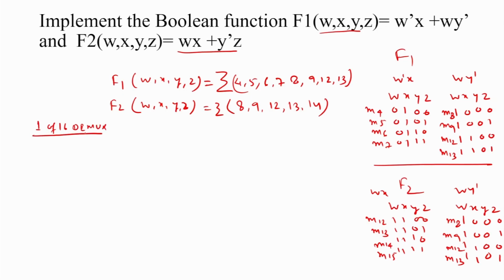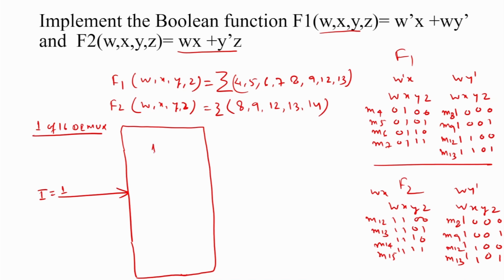This is just like the implementation where we use a decoder to implement a Boolean function. Similarly, we use a demultiplexer to implement a Boolean function. So here we use a 1 of 16 demux, and these are the outputs y0, y1, y2, y3, y4, y5, y6, y7, y8, y9, y10, y11, y12, y13, y14 and y15.